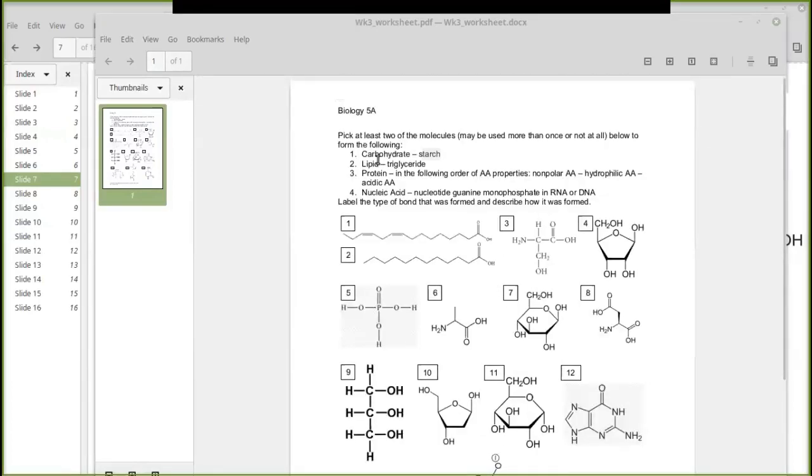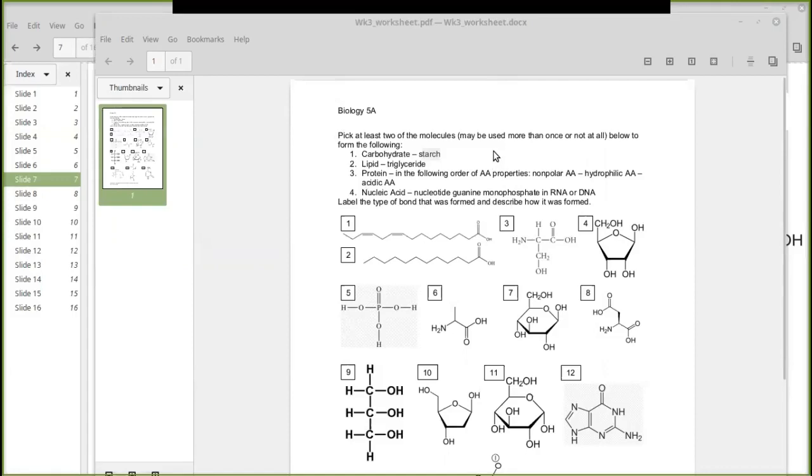Okay, lipids, triglycerides. What will we use to form the triglyceride? Any suggestions for me? What could we use to form a triglyceride? Maybe one or two. One or two, right?